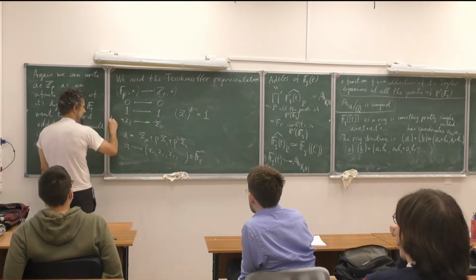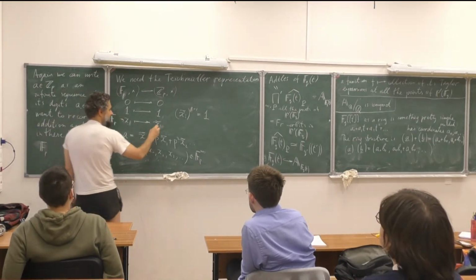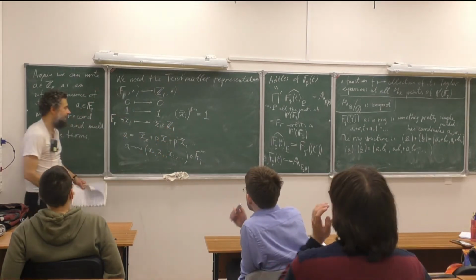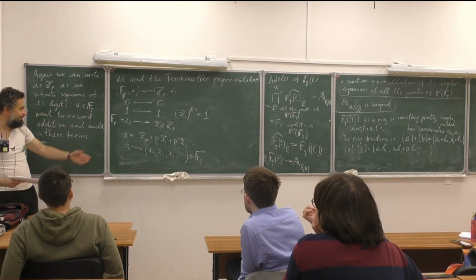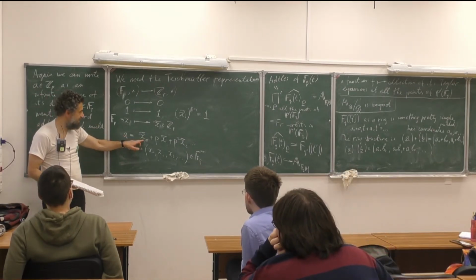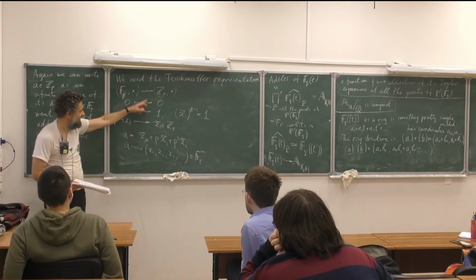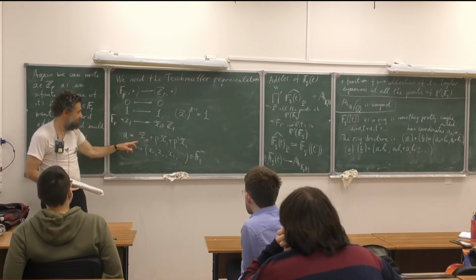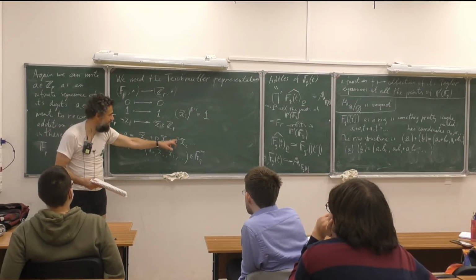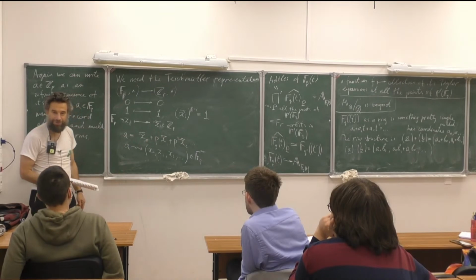So this is in F_p, and this is in Z_p. Okay, and now I decompose any p-adic integer as some Teichmüller representative, like here, then p times another Teichmüller representative, like here, p squared times another representative, and so on.